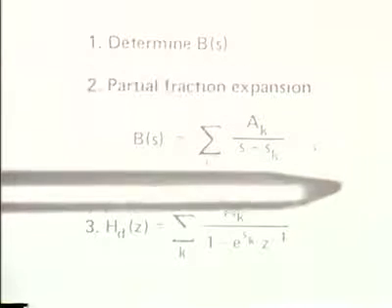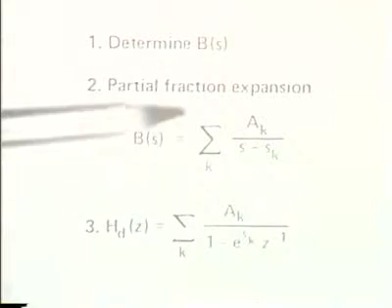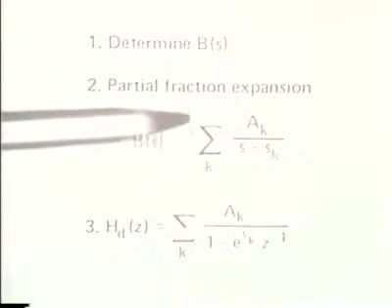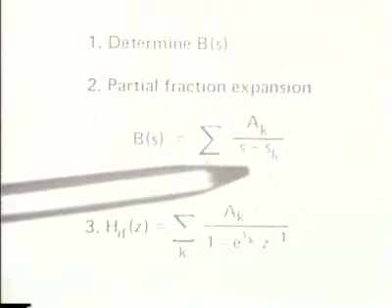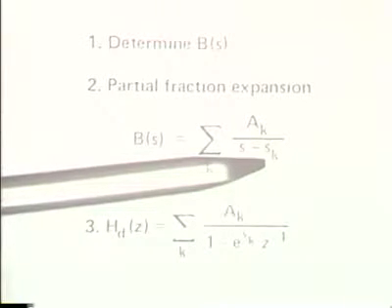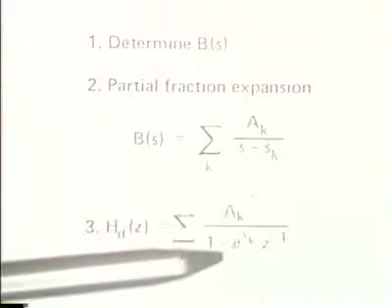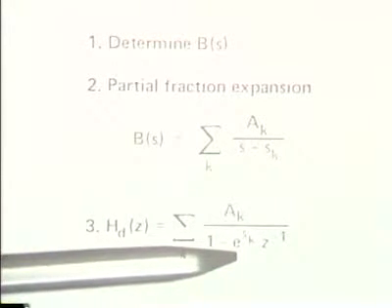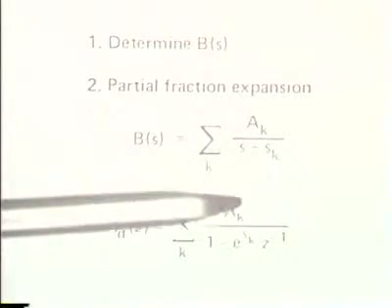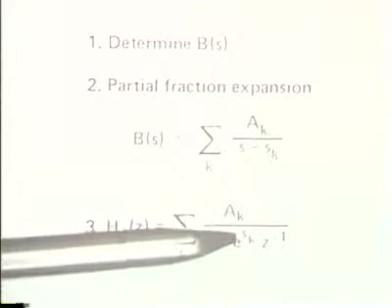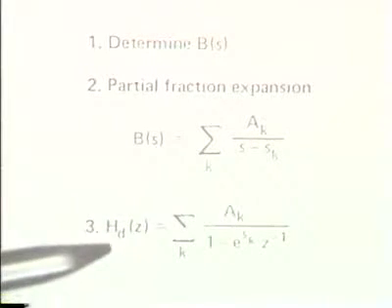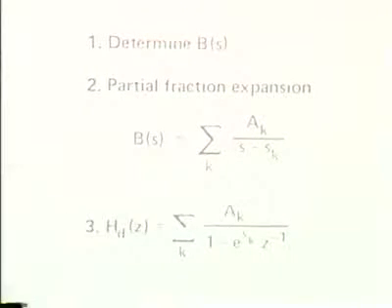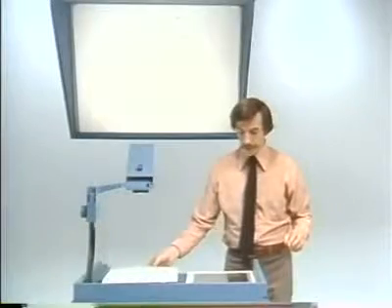We would then expand that out in a partial fraction expansion and then apply the impulse invariant procedure, which consists of mapping the poles in the s-plane to poles in the z-plane at locations e to the s sub k capital T, here capital T is equal to 1, and retaining the residues or the coefficients in the expansion. And this then will give us the transfer function for the discrete time filter.